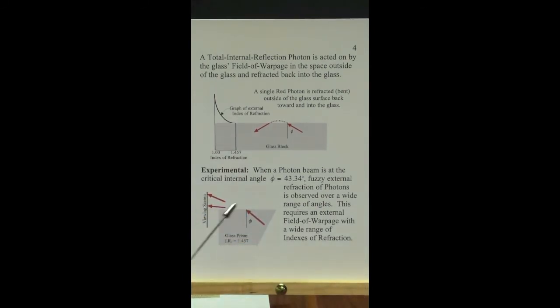In order for this to be achieved, it's necessary that the glass has an external field of warpage, as was shown up here. And that field of warpage has a wide range of indices of refraction.